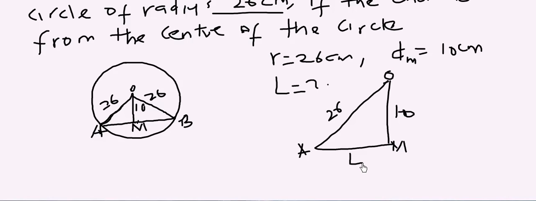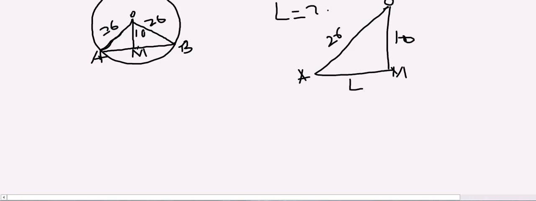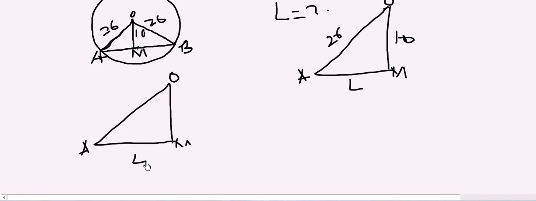So, having gotten my triangle, the next thing I'll do is to attempt to use that triangle to solve. Let me bring my triangle here for clarity. So I have this as O, M, A, and L. This is 10, this is 26, that's the radius.